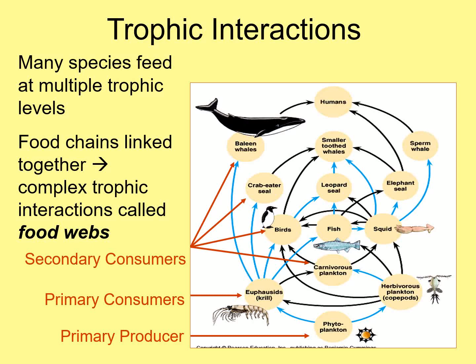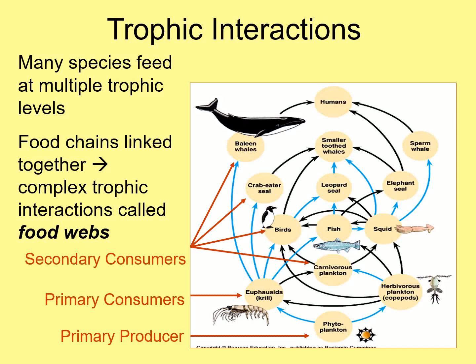They're also feeding on the herbivorous plankton, and they're also feeding on the carnivorous plankton. So I'd put the birds somewhere between a secondary consumer and possibly a tertiary consumer, depending on which pathway the energy goes, because they may be the fourth level, they may be the third level.